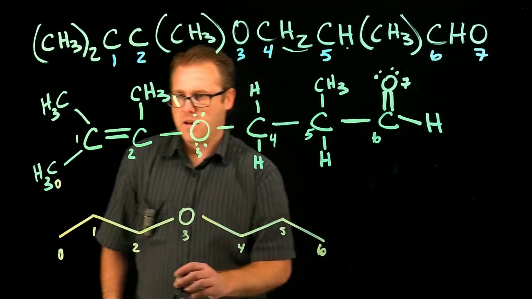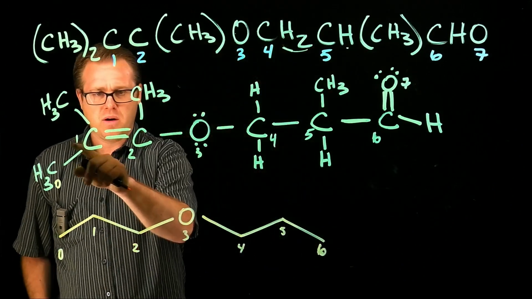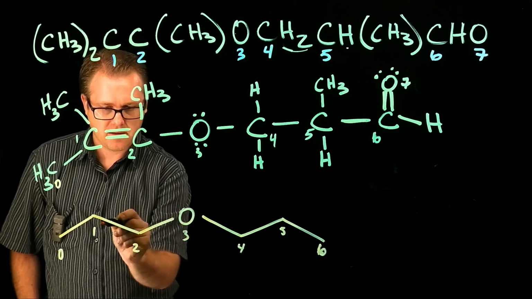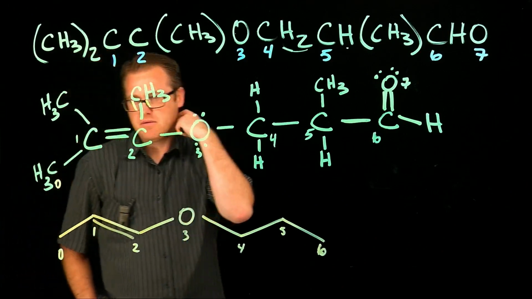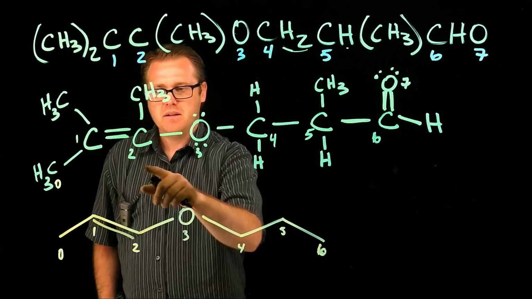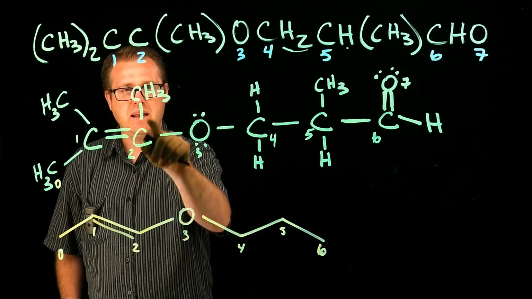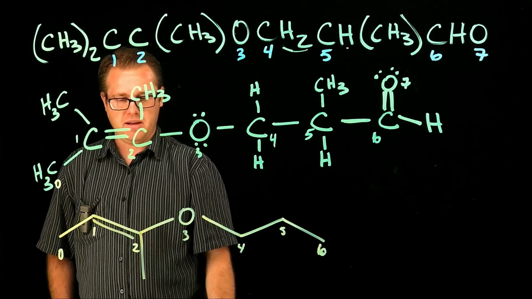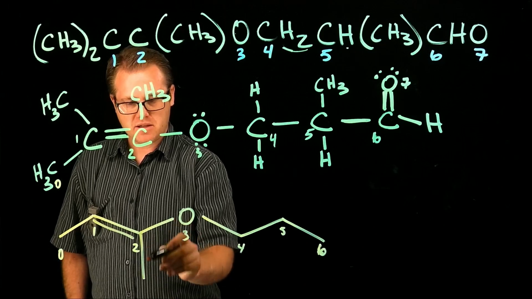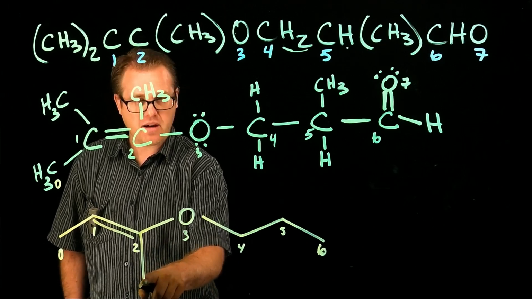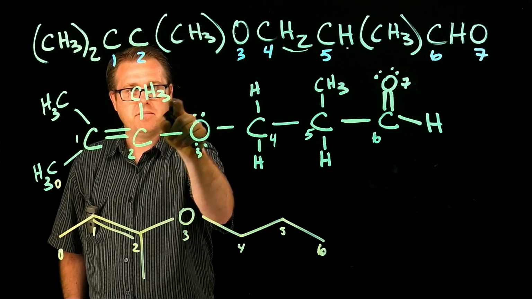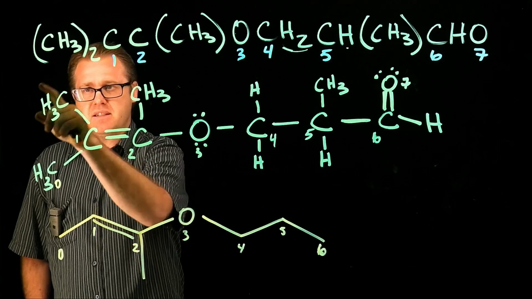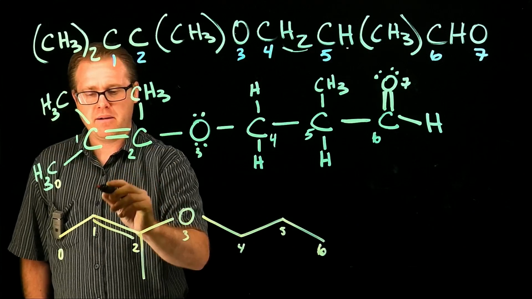Now, if I take a look at carbon 1 and carbon 2, what is missing in my zigzag? The double bond right there. And then attached to carbon 2 is what? A methyl group. So we just have to put a line right there. So this line right there is this methyl group right there. Attached to carbon 1 is this methyl group that we haven't worried about yet.